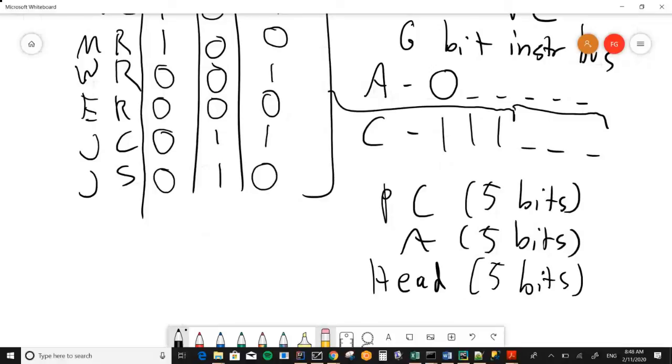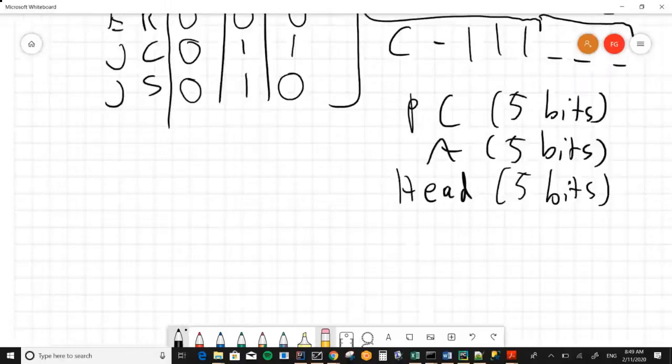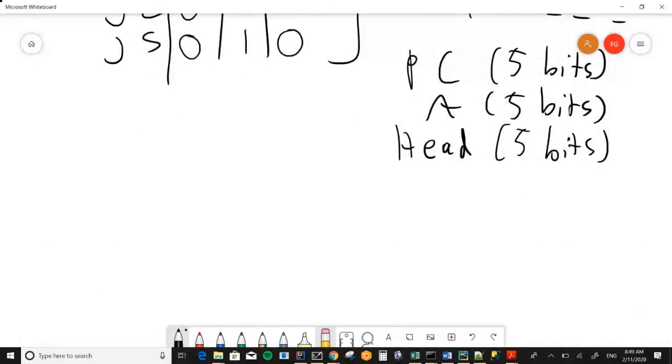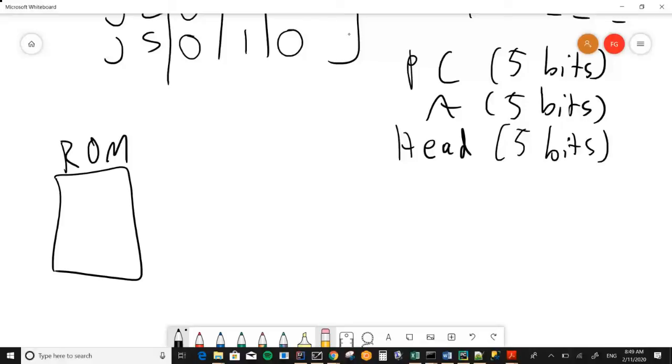So let's think about what this is going to look like as a circuit. Okay? So thinking of this as a circuit, we're going to envision, much like the computer we're building, that there is this ROM, this read-only memory that contains your program. Okay? And this ROM has an input that lets you pick which instruction I'm going to, right?